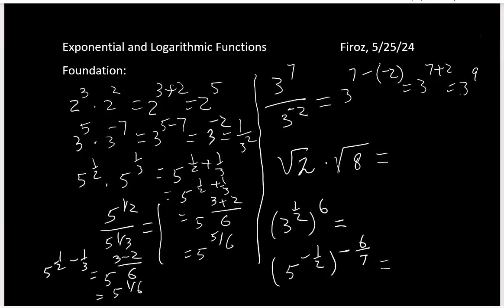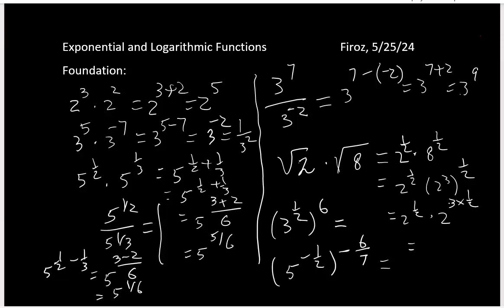Next we have 2 to the 1/2 and 8 to the 1/2. So 2 to the 1/2, and then I have 8 to the 1/2. Now what I do here, you know, 8 is actually 2 to the 3, and then 1/2. So that gives you 2 to the 1/2, and then with the exponent rule, you have 2 to the 3 times 1/2.